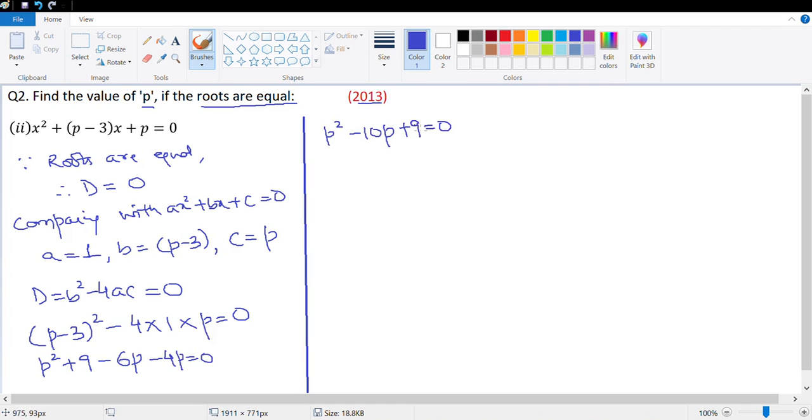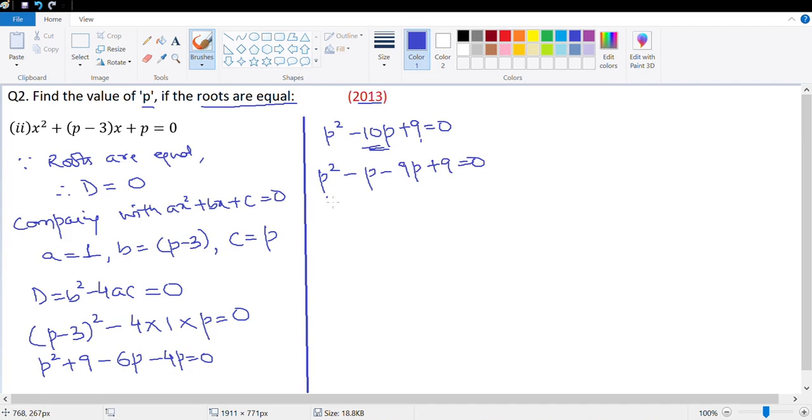Now I'll have to split the middle term. I need to find factors of 9, the sum of which is negative 10, which means negative 9 and negative 1. So I split negative 10p as negative p and negative 9p is equal to 0.